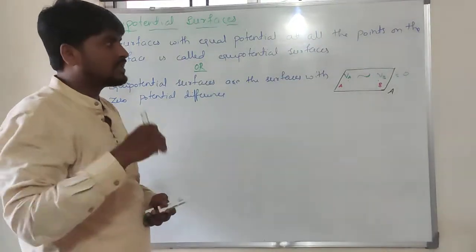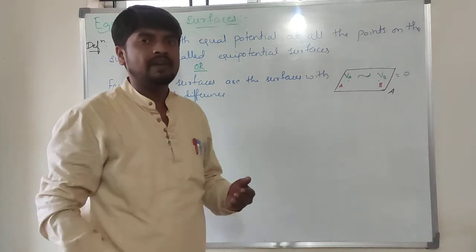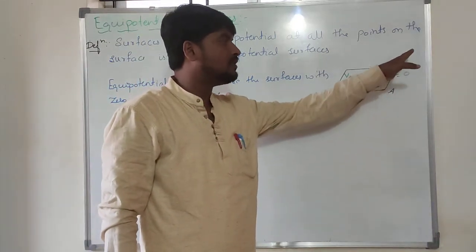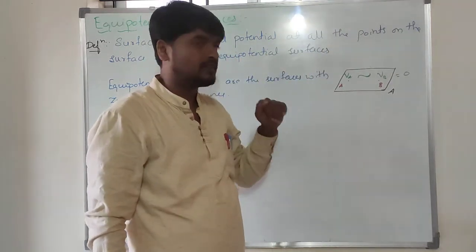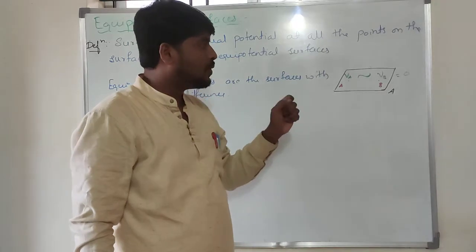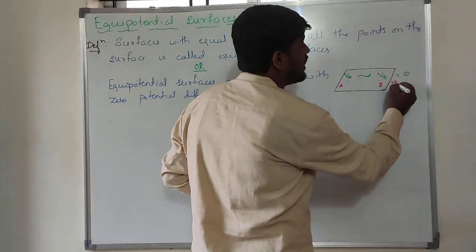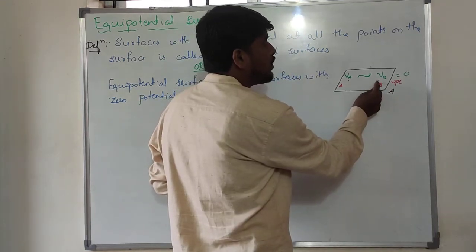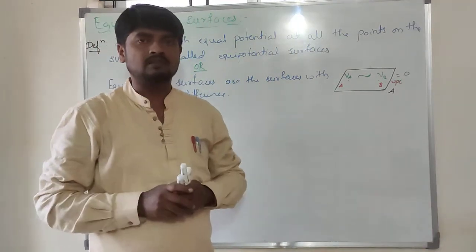And let us recall from the previous class, while defining electrostatic potential, we brought the unit positive charge from infinity to the point. At that time, work is done, that is the total work done. Suppose the unit positive charge is at point B and I move it from point B to point A. The question is, is work done?